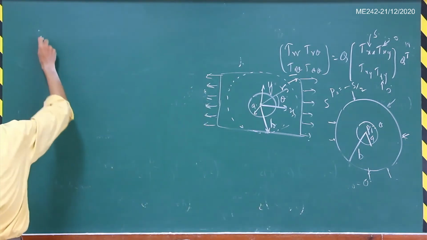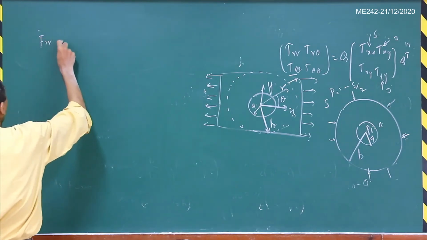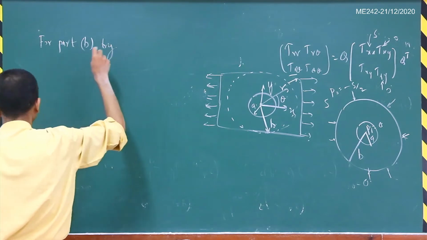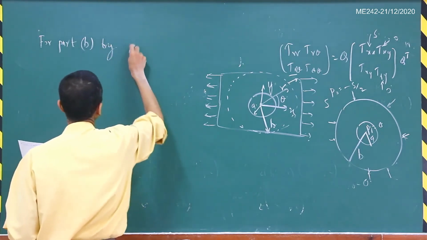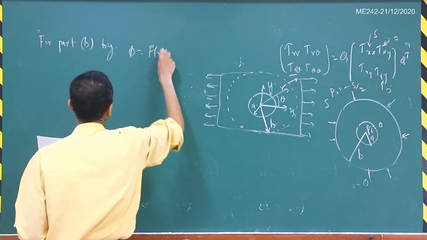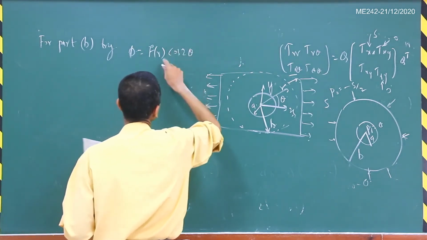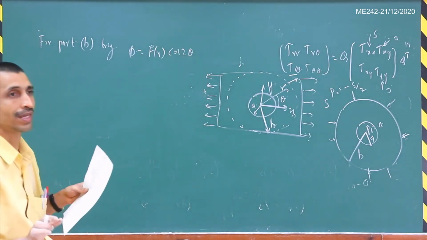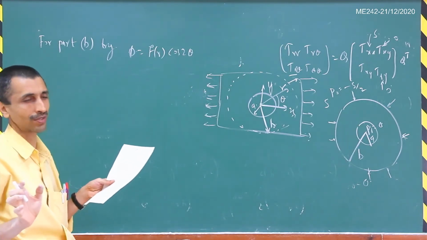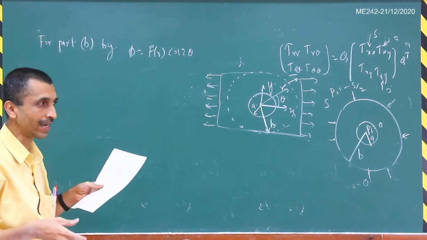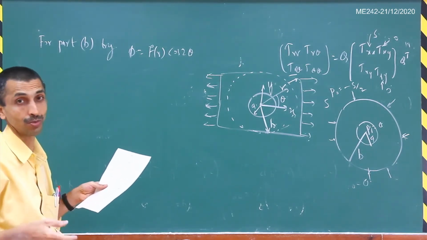So for B prime, phi is equal to f of r times cos 2 theta. See, this is a little bit of intelligent guesswork, in the sense that it is guided by the stress distribution that we want, correct?